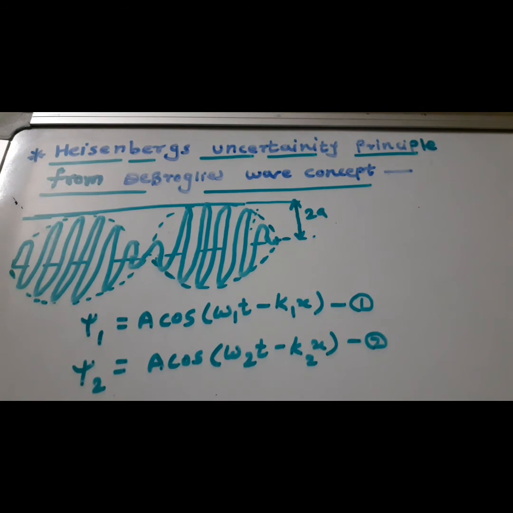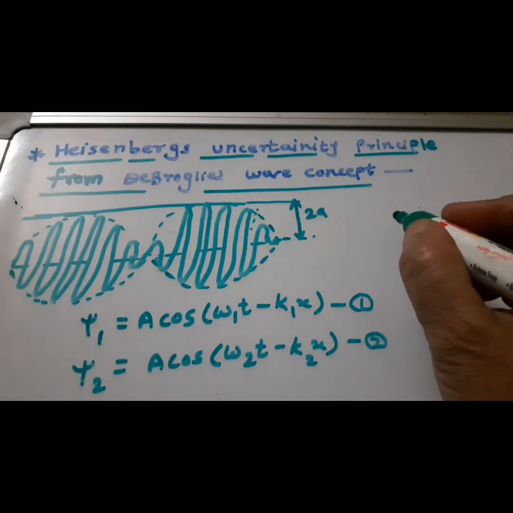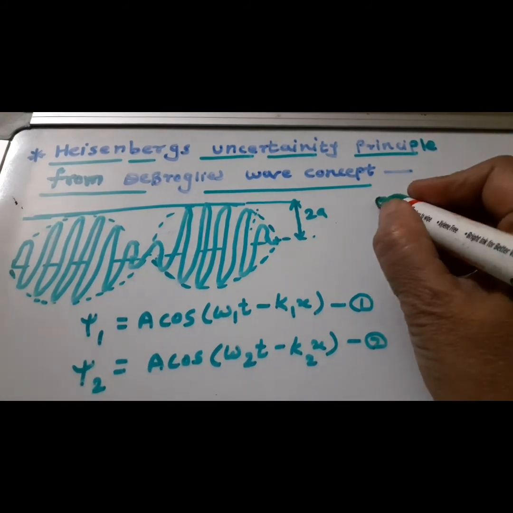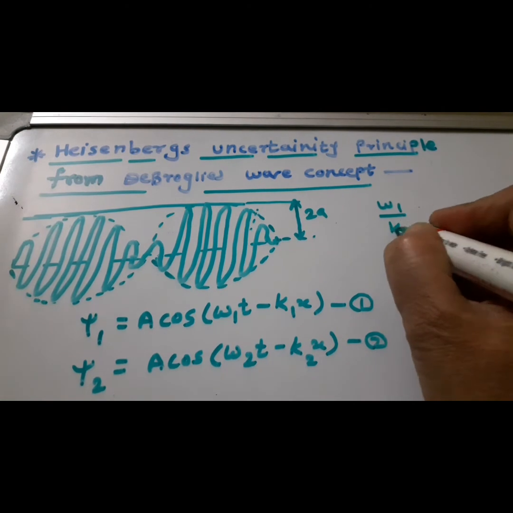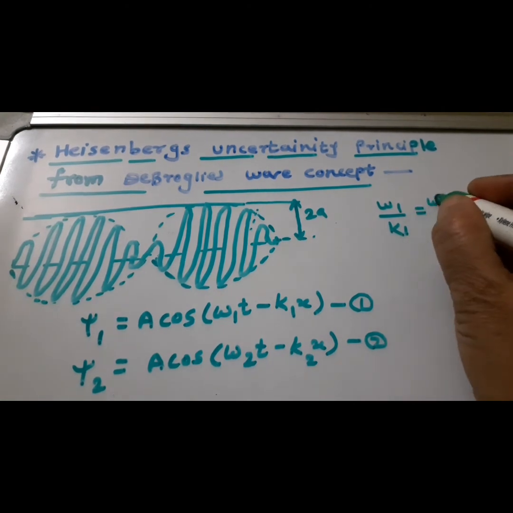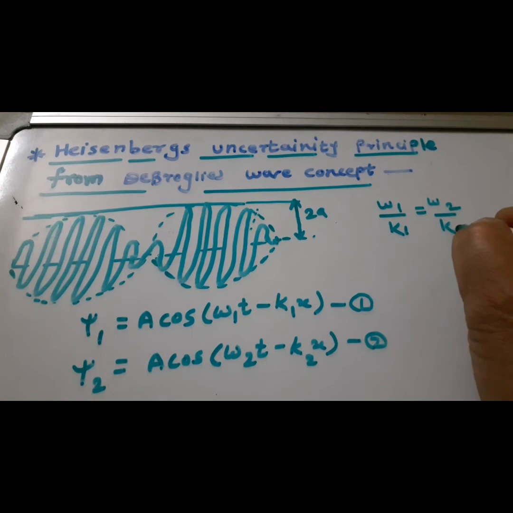From this equation we can write omega 1 upon k1 is equal to omega 2 upon k2 is equal to omega upon k. But already we know that omega upon k is equal to what?